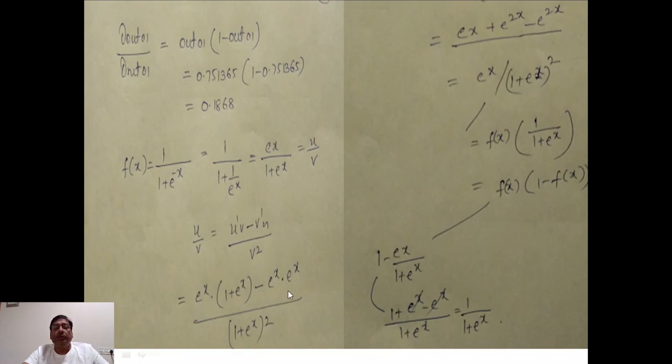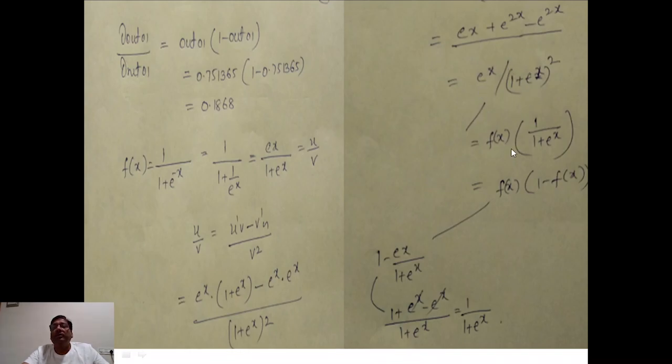So now this you can write as e to the power x plus e to the power 2x minus e to the power 2x over here. Now from this you can write it as e to the power x upon (1 plus e to the power x) whole square, when you cancel this.